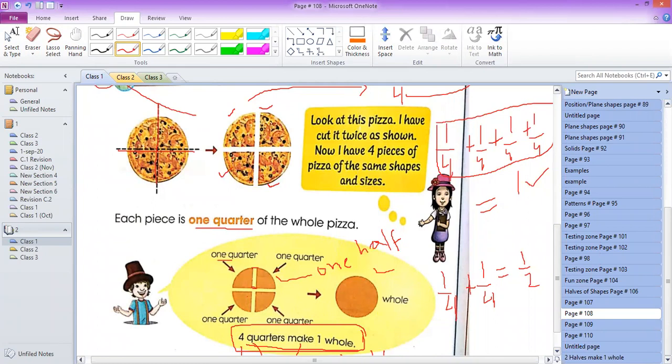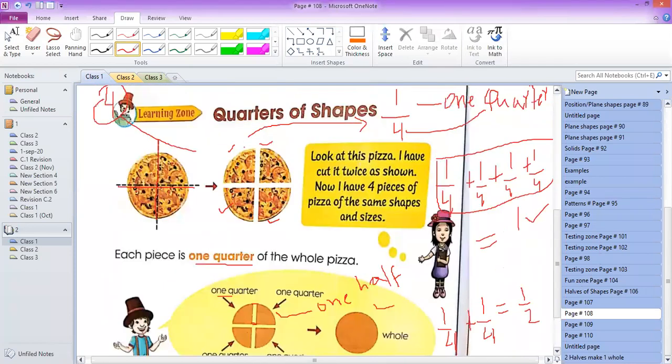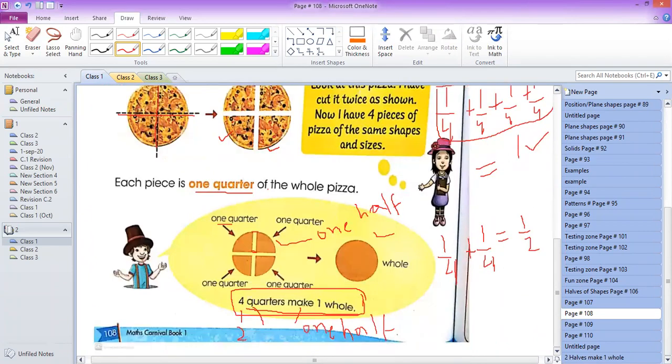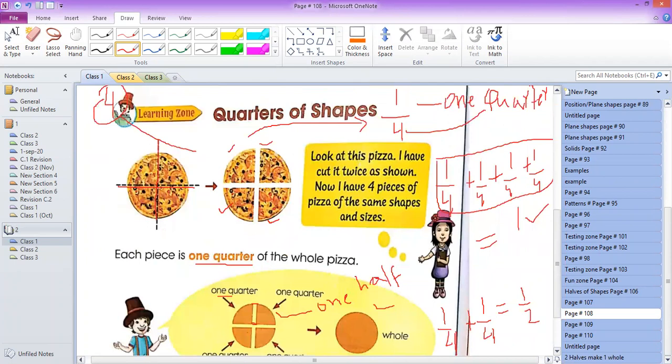So four pieces out of four pieces will be equal to one whole. That means four quarters will make one whole. How many quarters are there? One, two, three, four. If you eat all the quarters, you are eating the full pizza. So four quarters will always make one whole.